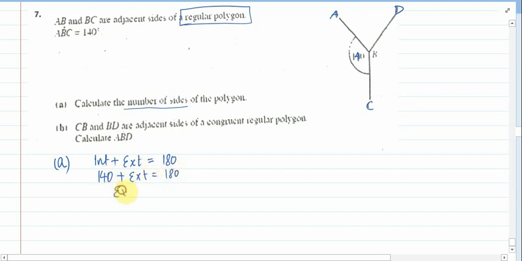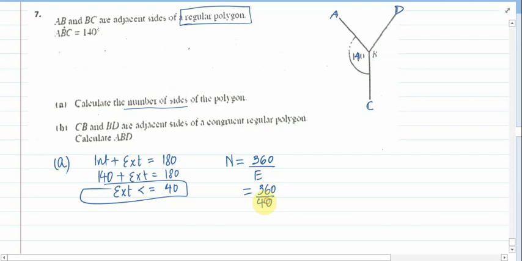So exterior angle I have, that is 40, right? To find the number of sides, the working formula is 360 divided by exterior angle. That means 360 divided by 40, and this polygon has 9 sides. So that is your first part answer.